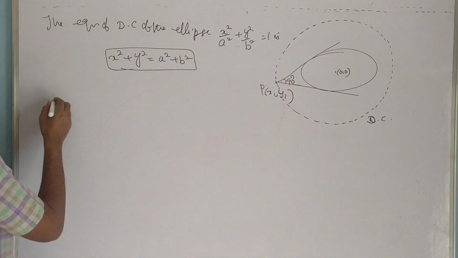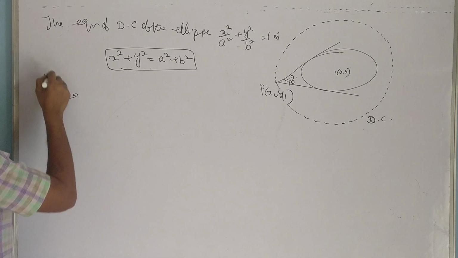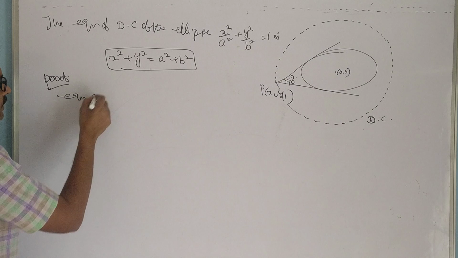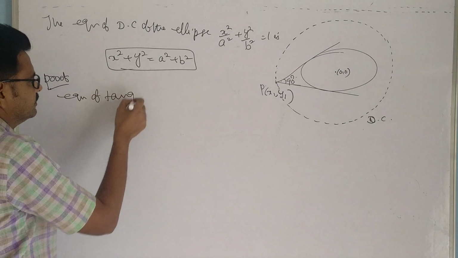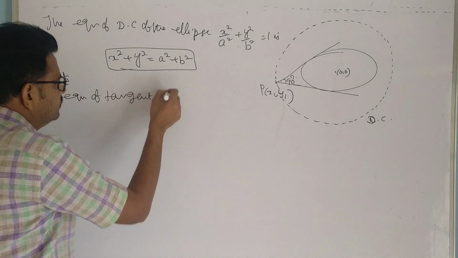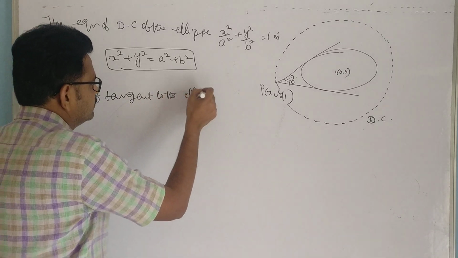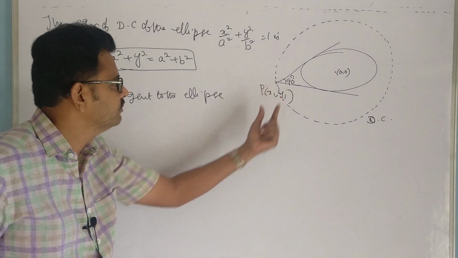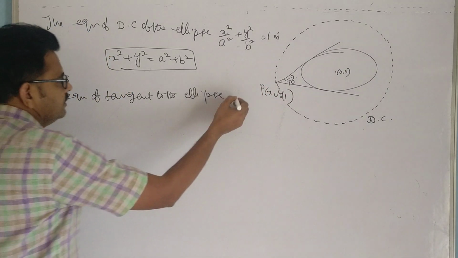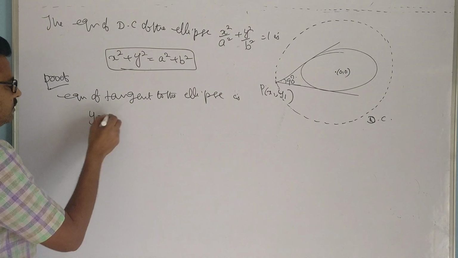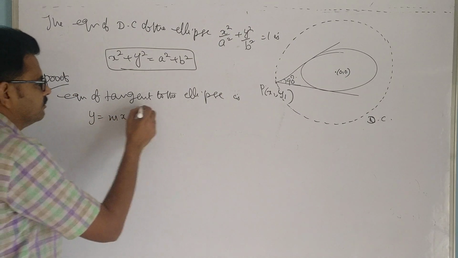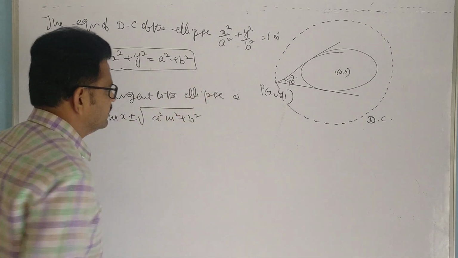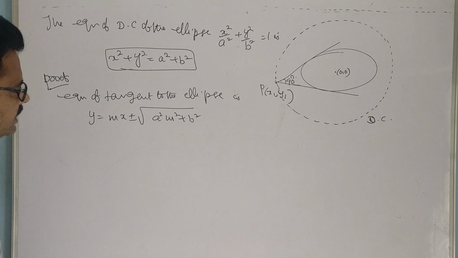Now proof. The equation of tangent to the ellipse in slope form is y is equal to mx plus or minus root of a square m square plus b square. This is the tangent equation.